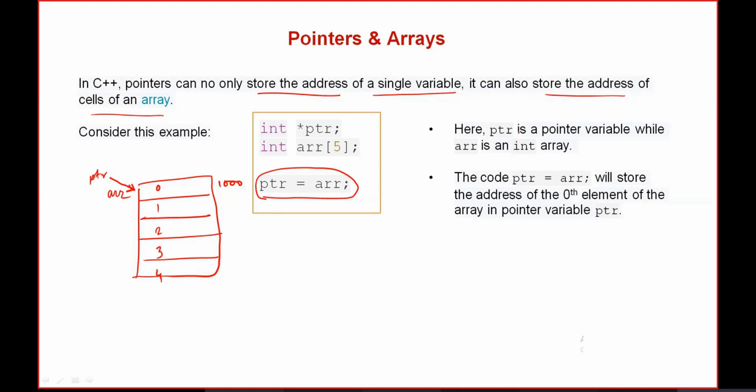Fine. Here the explanation itself says that when we perform ptr is equal to arr, it will store the address of 0th element of the array in the pointer variable ptr.